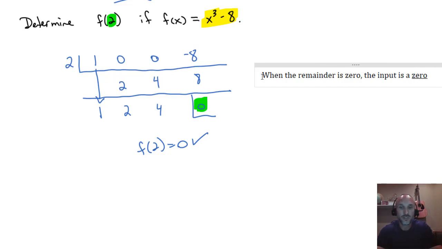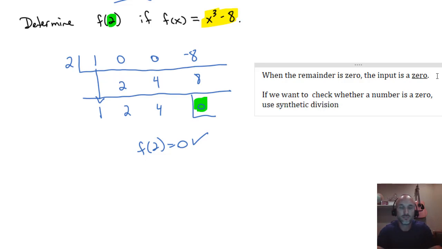This is important because if you ever want to check to see if a number is a 0, you just check to see if the remainder is a 0. That's so important, I'm going to type it here. If we want to check whether a number is a 0, use synthetic division and look at the remainder.